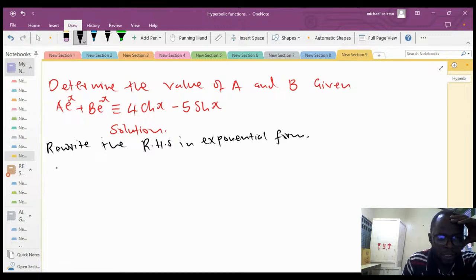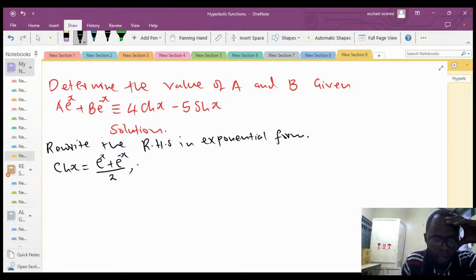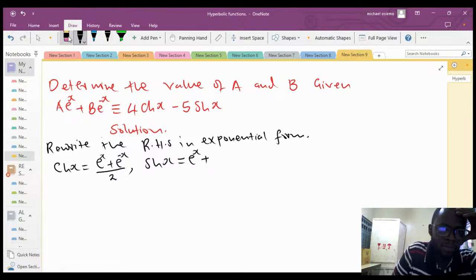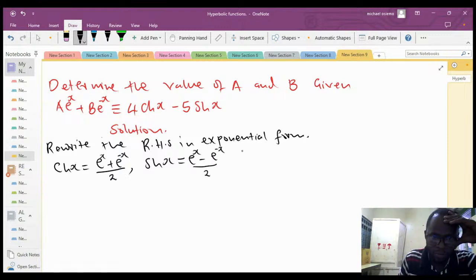What we mean by that is that we substitute ch of x with exponential x plus exponential negative x all over 2, and sh of x is equal to exponential x minus exponential negative x over 2.